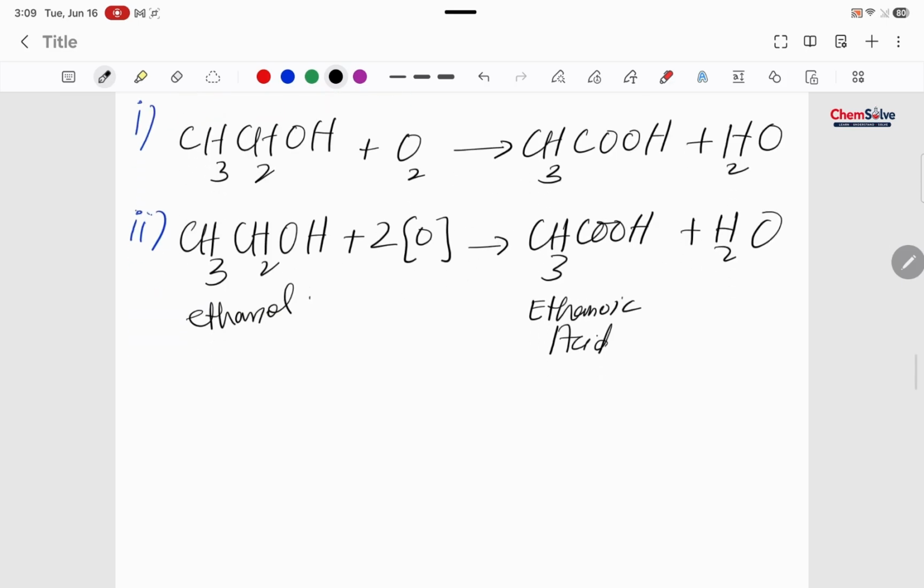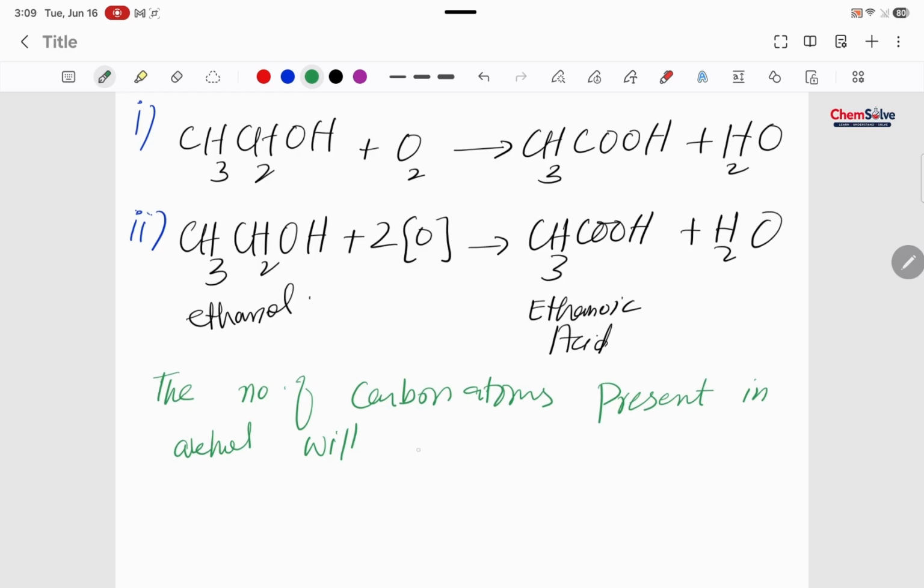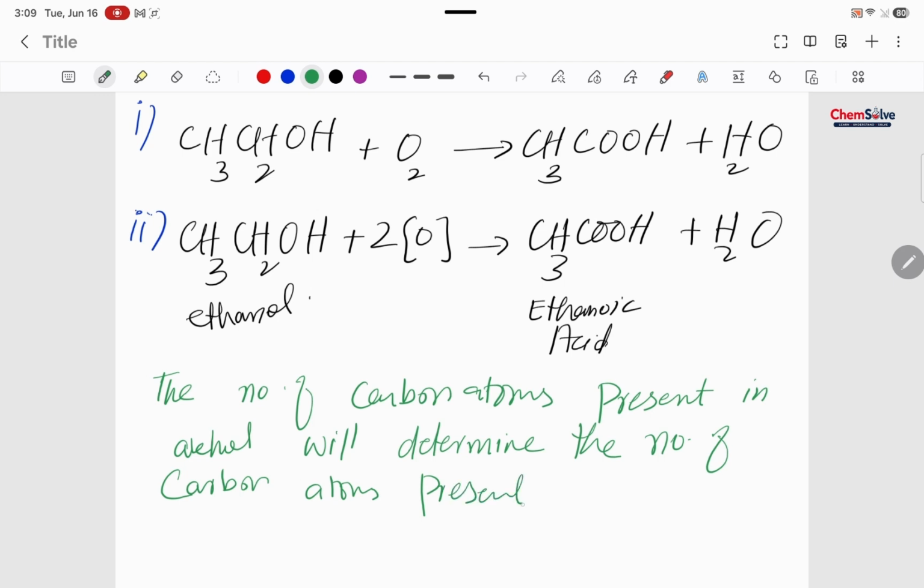So the number of carbon atoms present in alcohol will determine the number of carbon atoms present in carboxylic acid. All right.